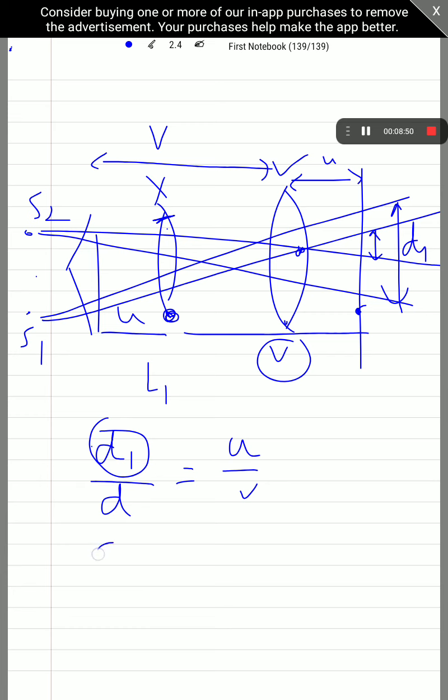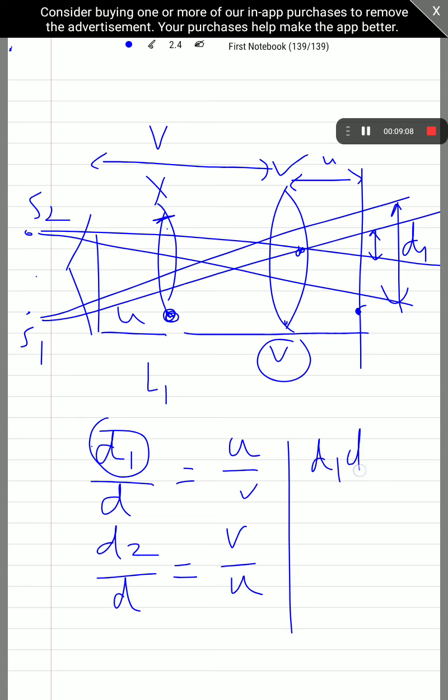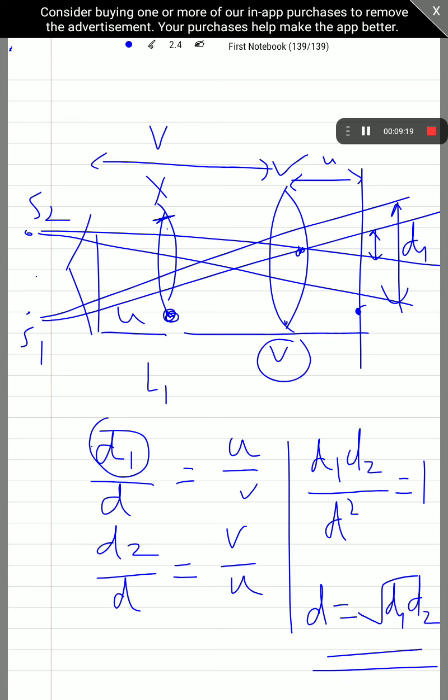We get the formula D2 by d equal to, now U and V are interchanged, so it becomes V upon U. When you multiply these two formulas, I can write D1 times D2 upon d square equal to 1. So d equals the square root of D1 into D2. To measure small d, this is the procedure: you measure D1 and D2, multiply them and take the square root.